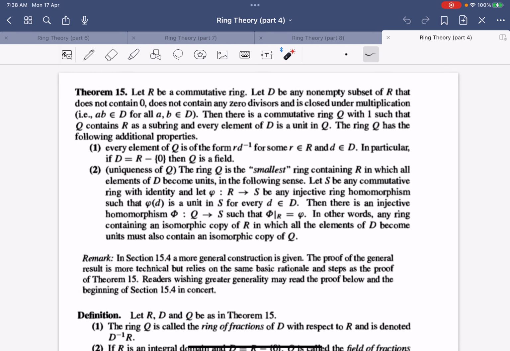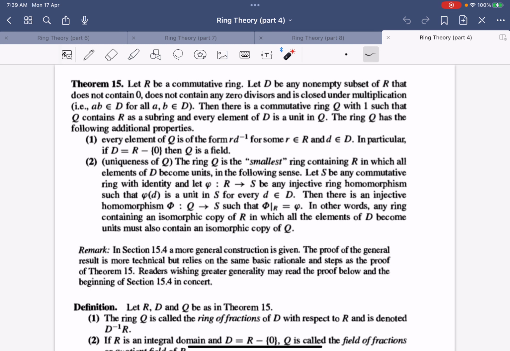And then we say that when you do that, there is a commutative ring Q, with an identity even, such that R is a subring of Q and every element of D is a unit in Q. And the ring Q has the following property: every element is of the form r over d, basically, so it's r times d inverse.